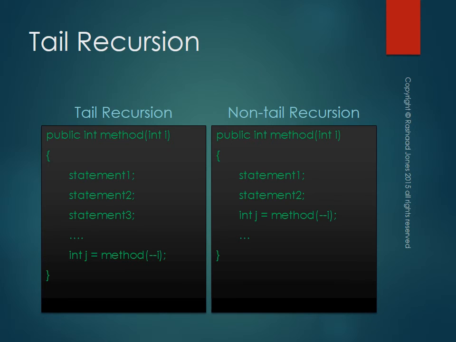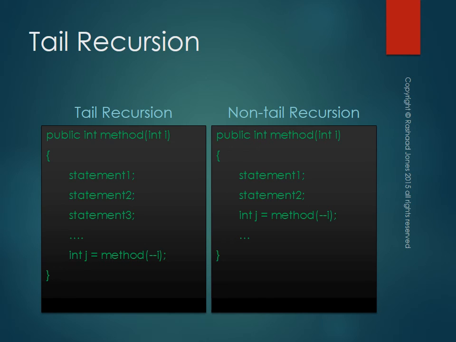But if we want to use recursion, and there's going to be cases where recursion is the most appropriate solution, then what we try to do is come up with a tail recursion, because a tail recursion, in theory, would not be as big a performance hit as a non-tail recursion.